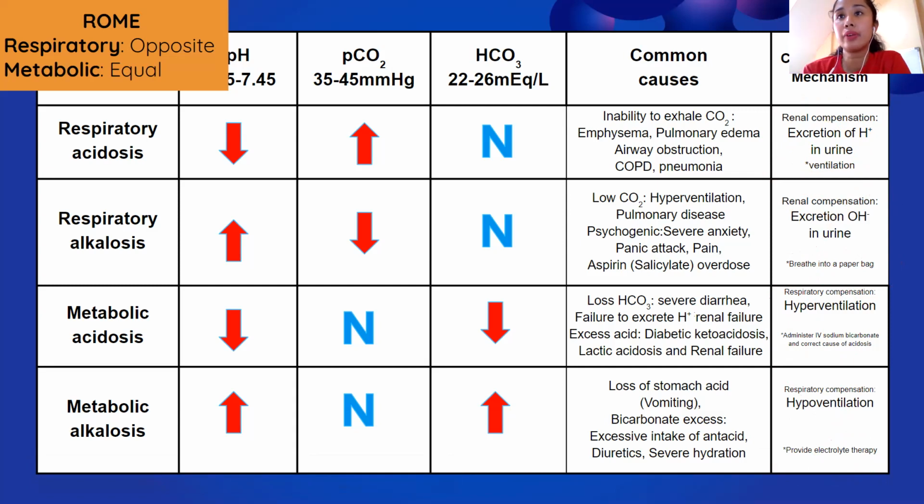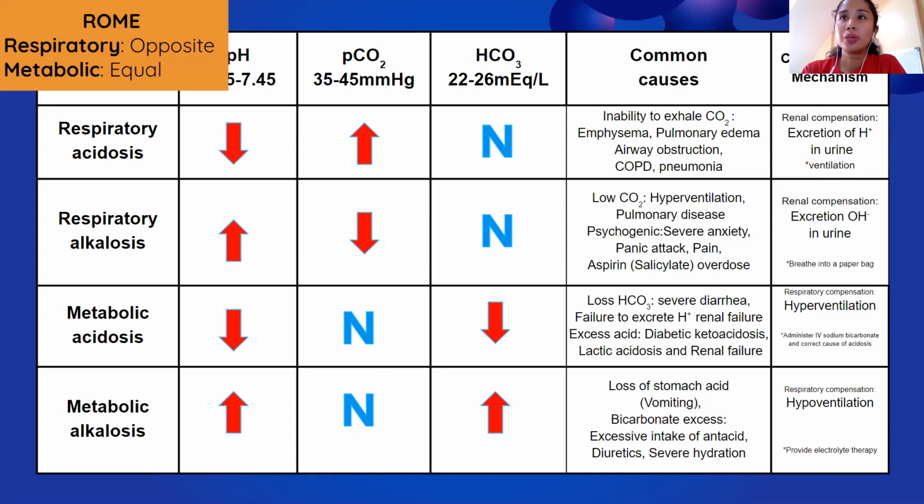So, class, aside from the excretion of hydrogen ion in urine, we can help our patients with respiratory acidosis through ventilation, by using a mechanical ventilator, or we also have non-invasive ventilators, to help the patient exhale carbon dioxide and breathe in oxygen.